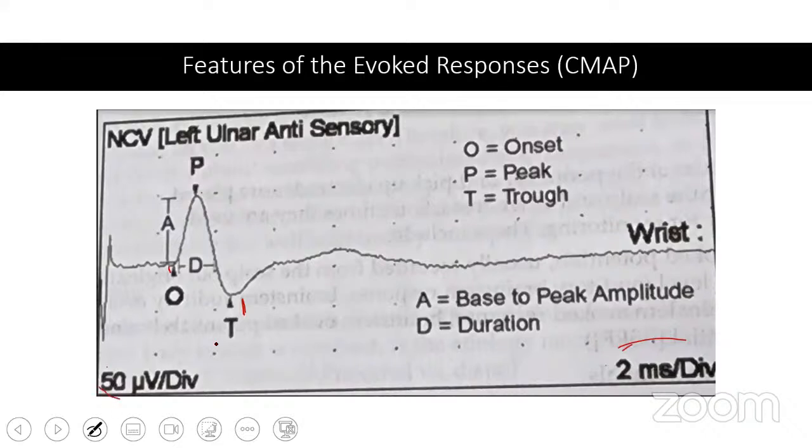This is the division, and this division has 2 milliseconds, and this one is called 50 microvolts, so you can see these things on the paper.